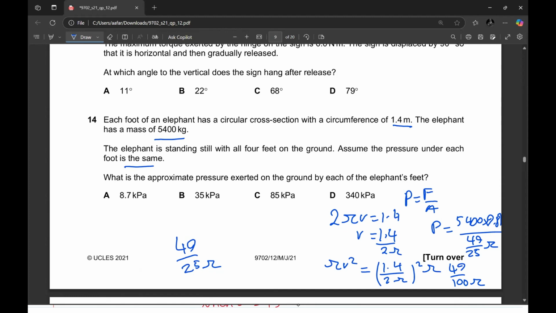So the whole total pressure is 85 K. Yep, 85 K pressure.